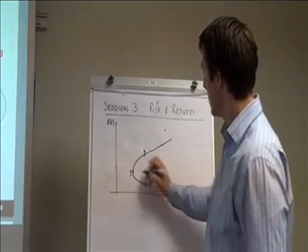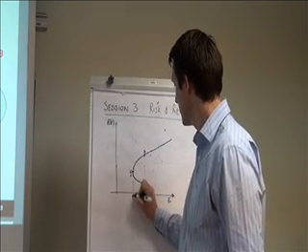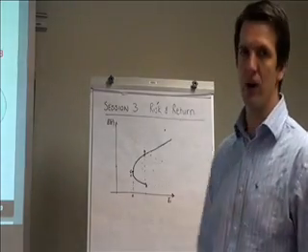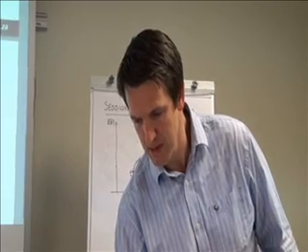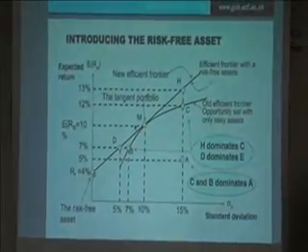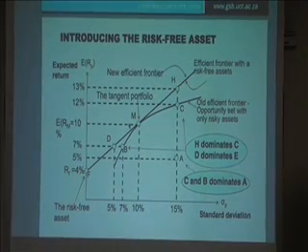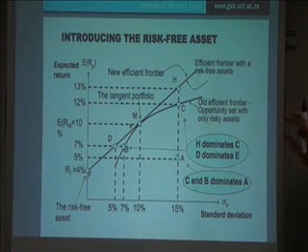Point C is the point that has the lowest risk for that asset. So how the argument goes from here, and what you would have seen is maybe this slide in your lecture notes. I just wanted to spend a little while giving you the broader picture on how we get to this.